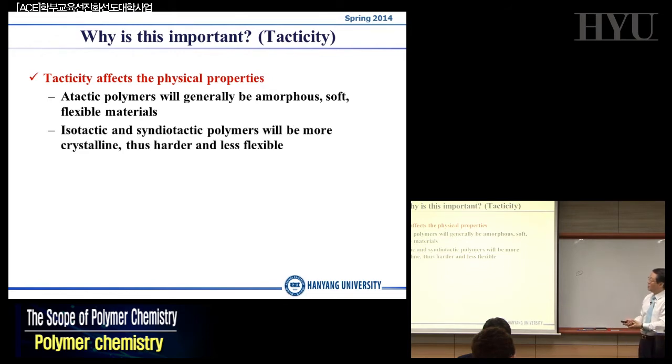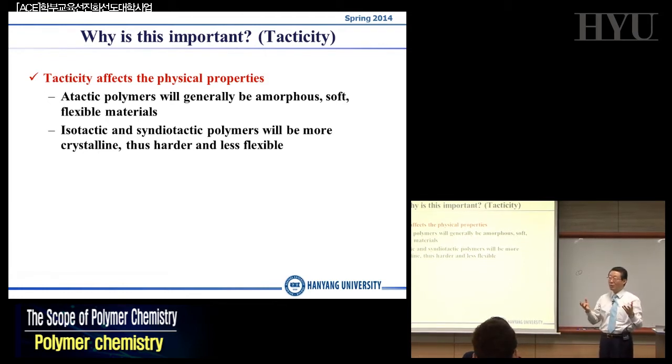Whereas isotactic and syndiotactic polymers are much more crystalline because of the high density. Therefore, they become very hard and less flexible. So even with the same chemical structure, which is propylene, you can make an atactic polypropylene or an isotactic polypropylene.